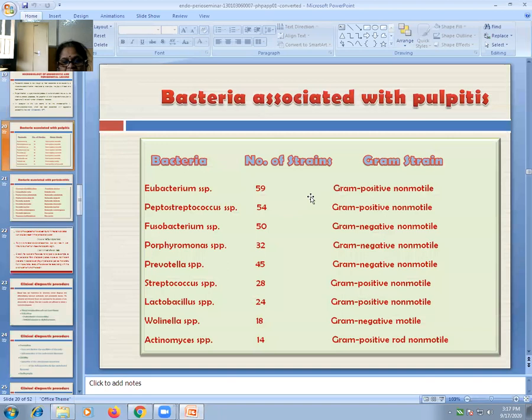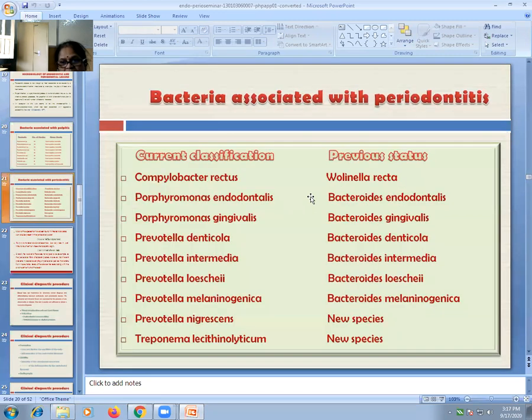Most of them are gram positive and gram negative non-motile organisms, and they are divided accordingly. Whenever there is pulpitis, we can see which organisms are involved, and which are involved in periodontitis.